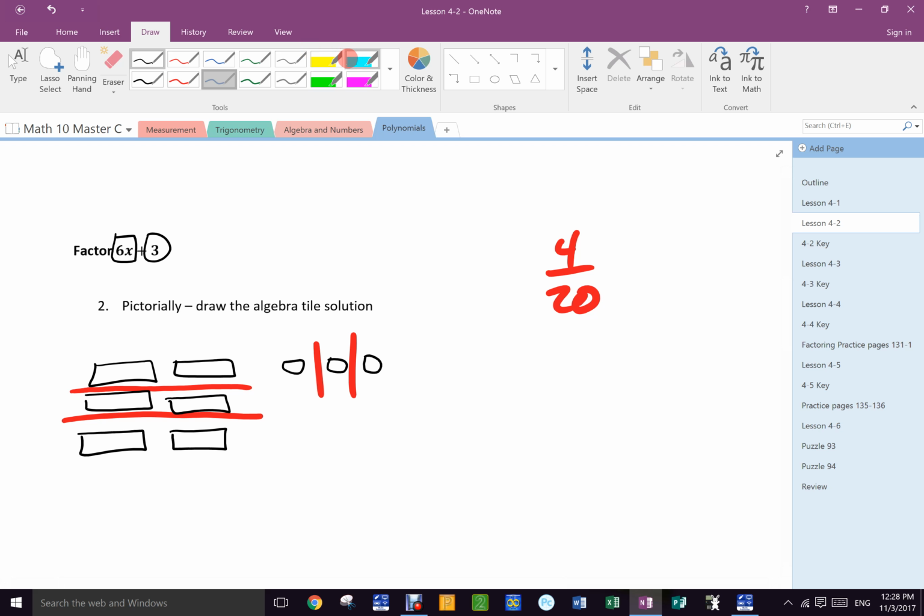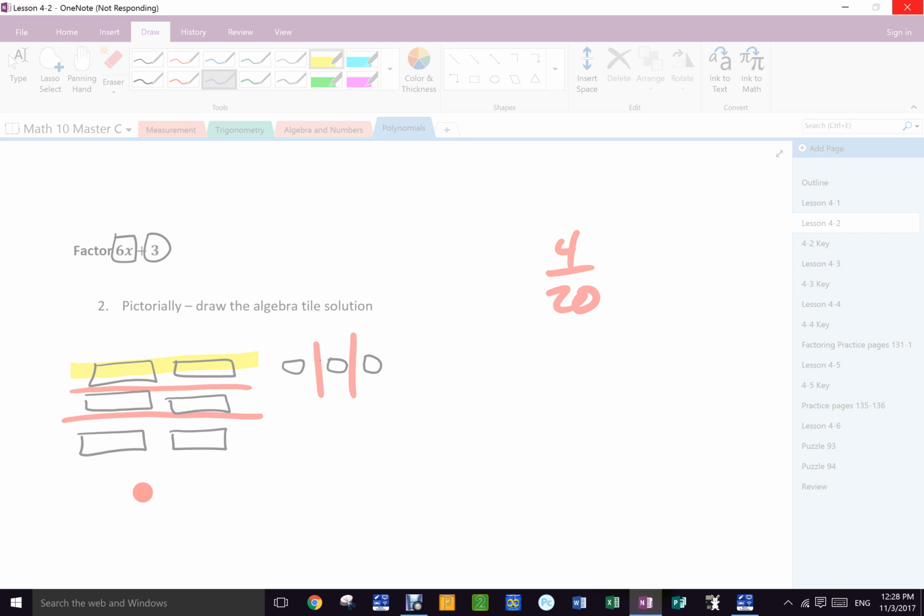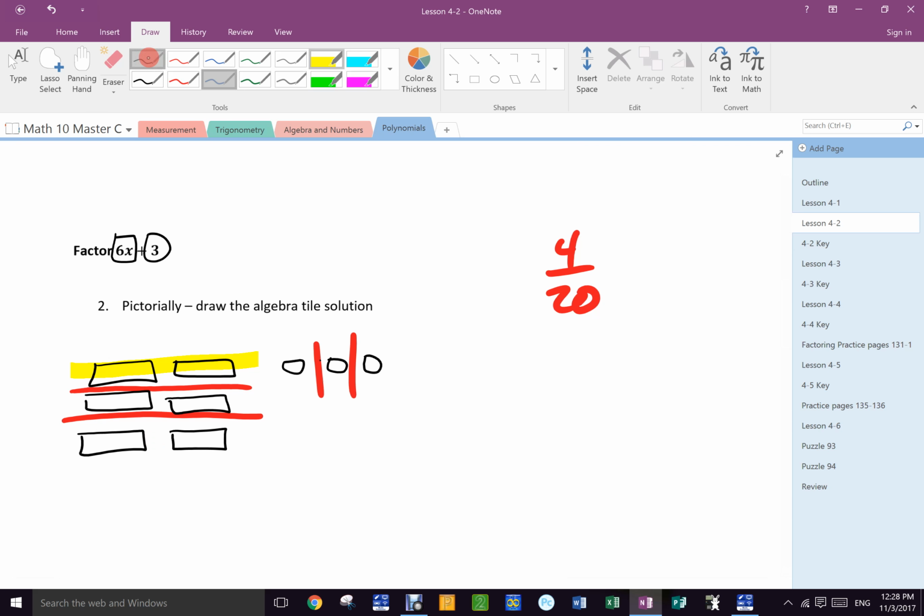So how many x's are in each group? 2 x's. And how many 1's are in each group? 1. Plus 1. That is one of my factors, isn't it?